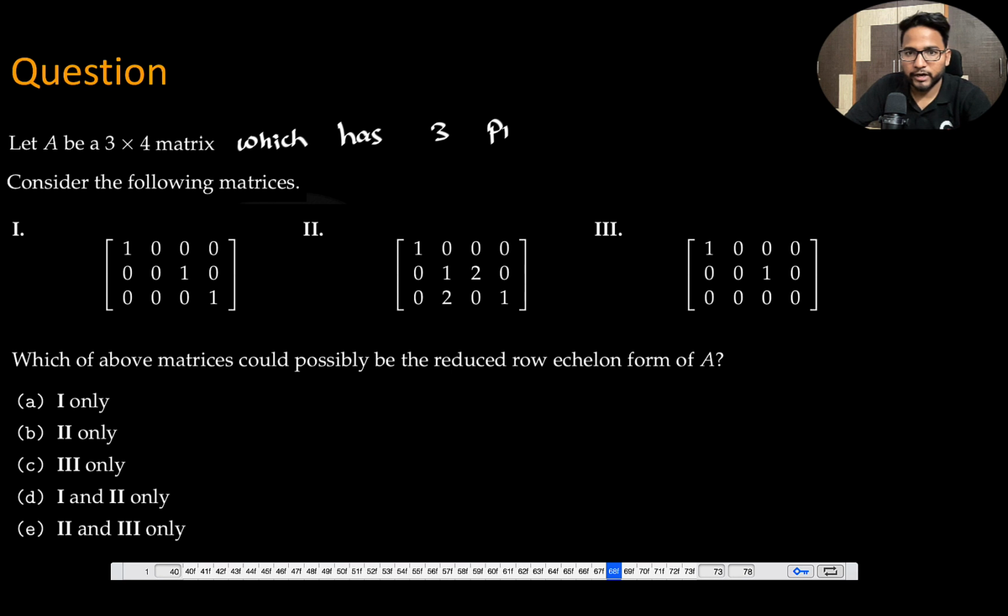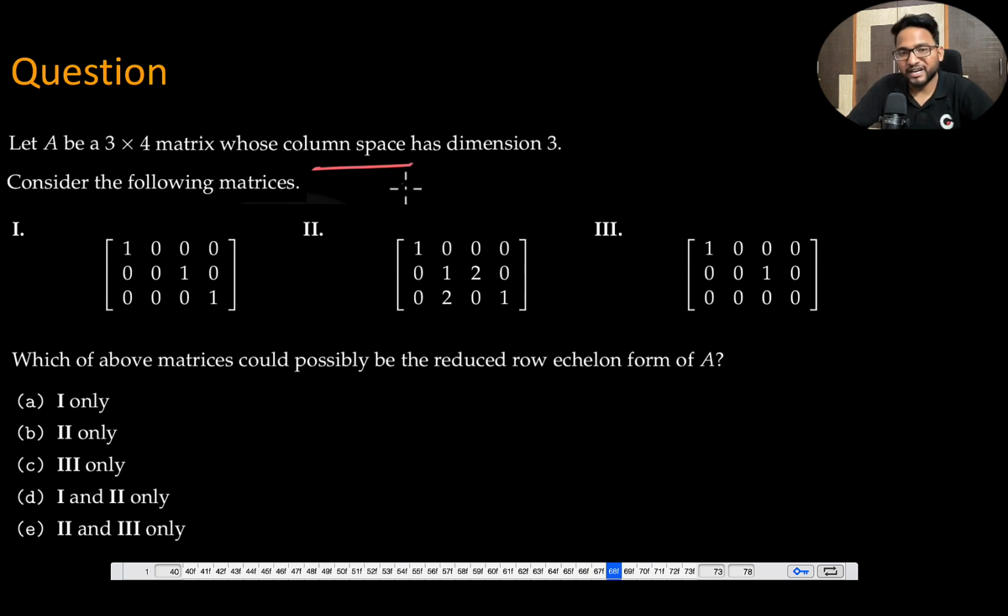The earlier wording was talking about the column space dimension. The column space is the vector space that you form using the columns of our matrix. And the dimension of a vector space is something very special.